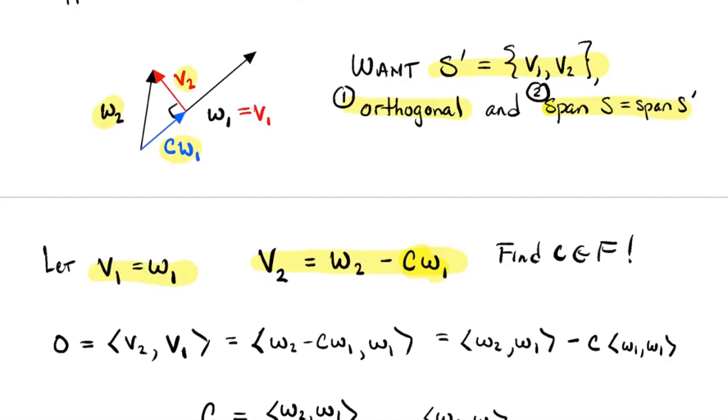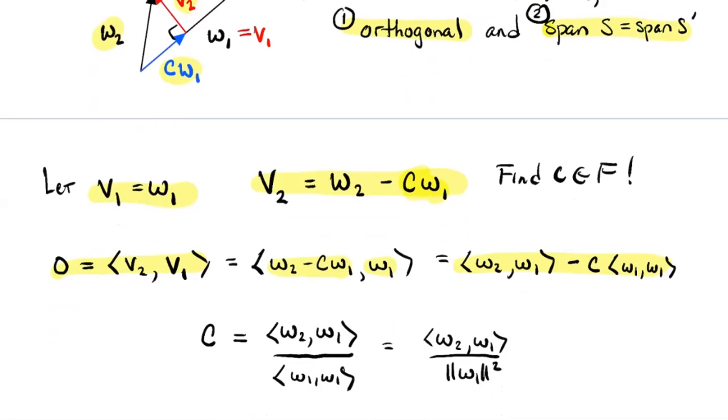All right. So I'm going to take those expressions up there and ask, what would I have to say about C if I wanted the inner product of V2 and V1 to be 0? I want them to be orthogonal. So I'm just replacing V2 with how I defined it and replacing V1 with how I defined it, and then using the linearity of the inner product.